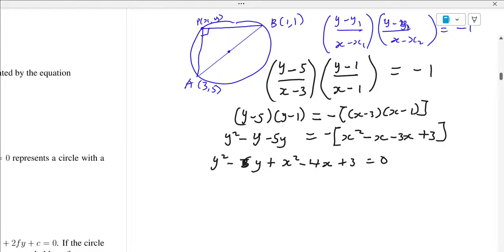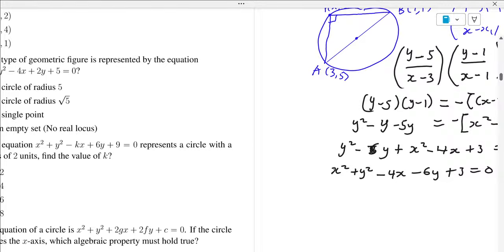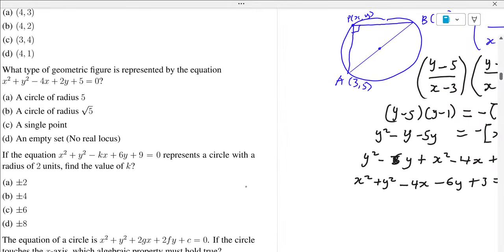Now we arrange it in the form of the general equation of a circle. So we have x squared plus y squared minus 4x minus 6y plus 3 equal to 0.